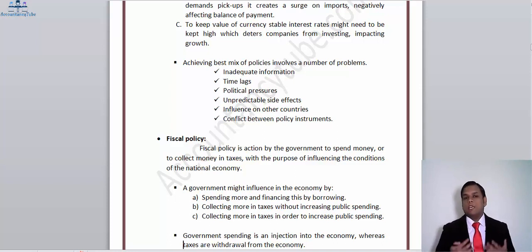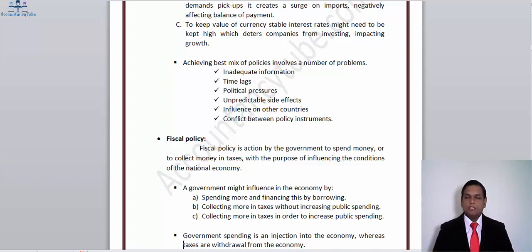By the time the information gets to the higher authorities, it's already too little, it's already too late. Then we've got political pressure. Even if the information gets there on time, if there's political pressure, then it becomes difficult for the government to act on the objectives. Then we have unpredictable side effects. As with everything else, there will always be unpredictable side effects of an economic policy.